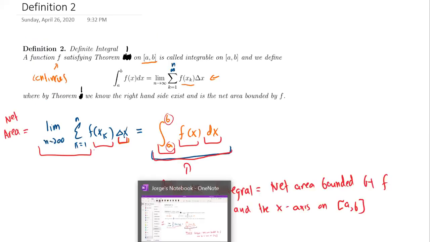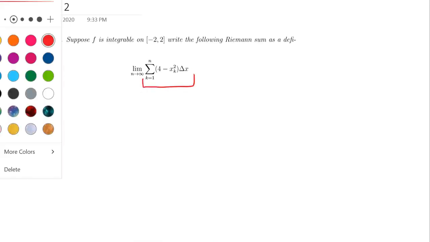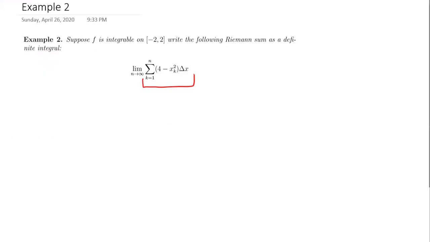Look at that slide for a moment. Remembering that this is an approximation of net area, this thing in red is our function, where we're plugging in the x values. So let's call it f of x sub k.